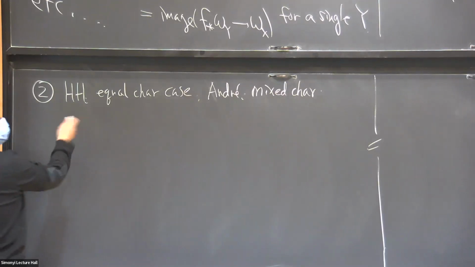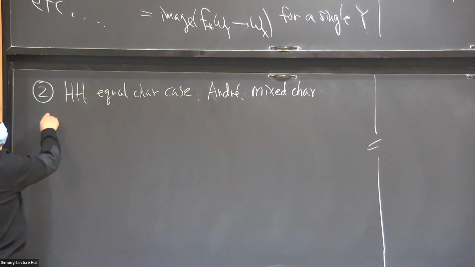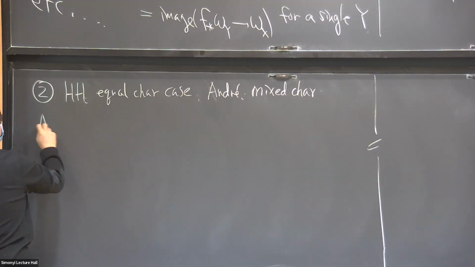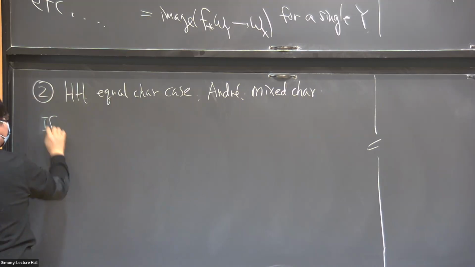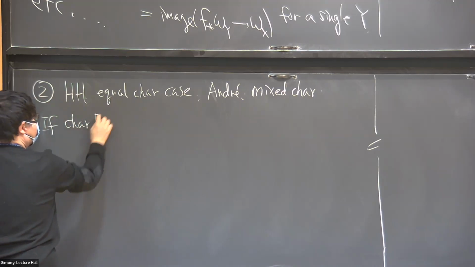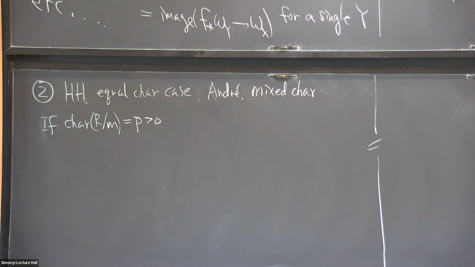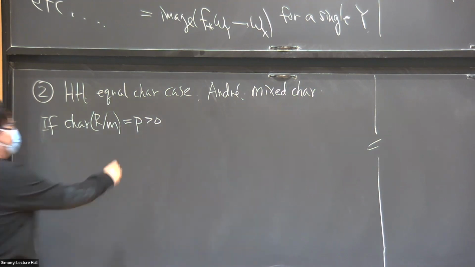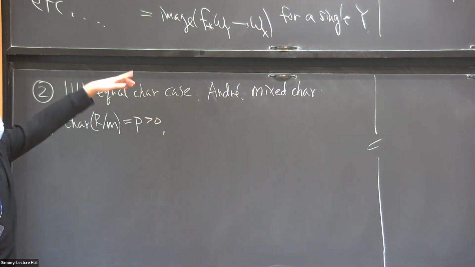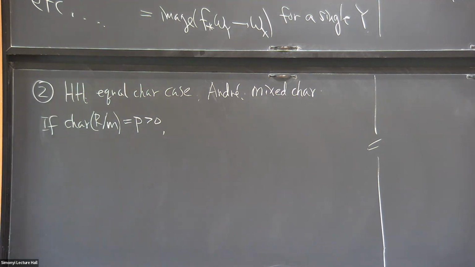And furthermore, let me mention this will play a role in the later part. In residue characteristic p, either characteristic p or mixed characteristic, not only does this big Cohen-Macaulay algebra exist, you can actually take them to be perfectoid.